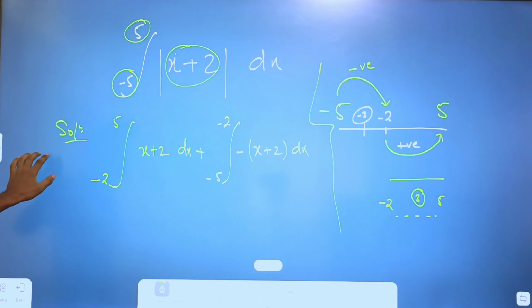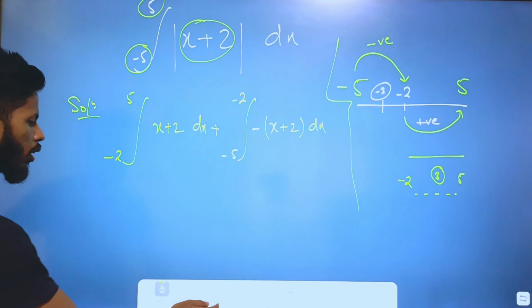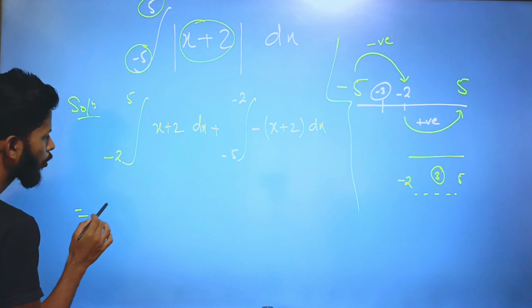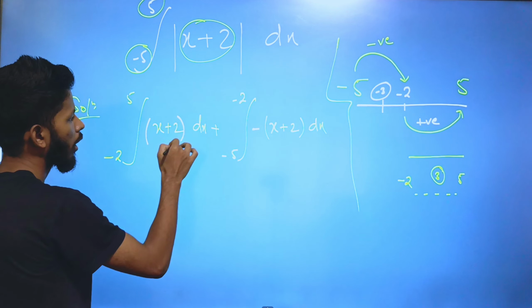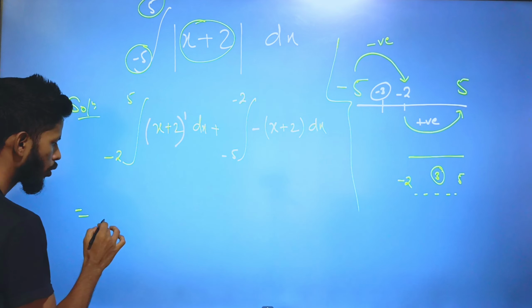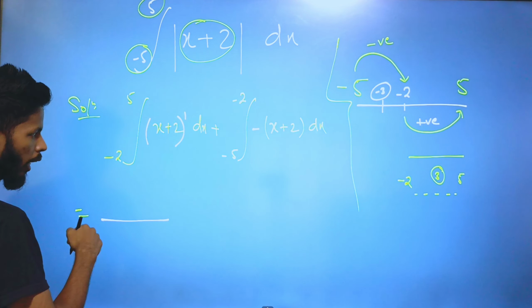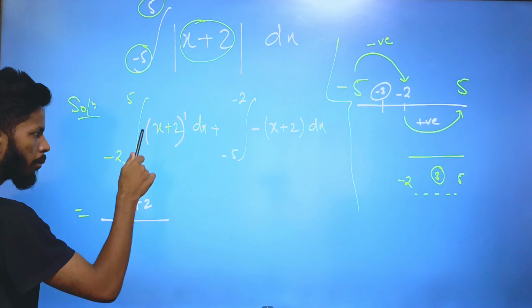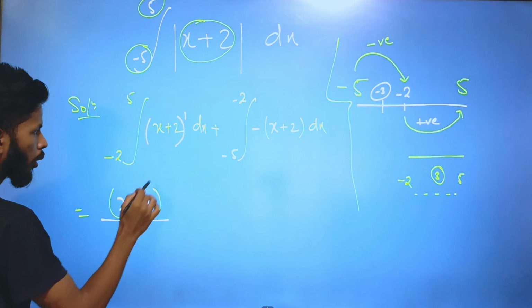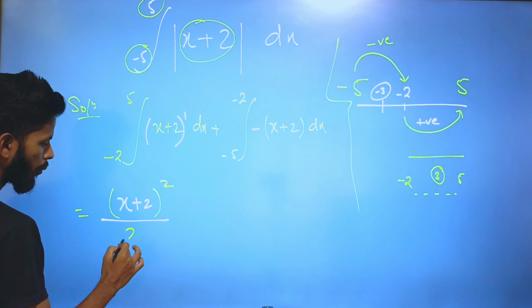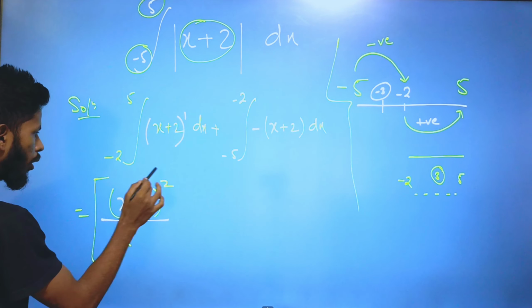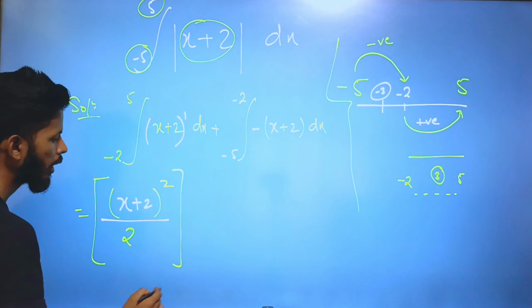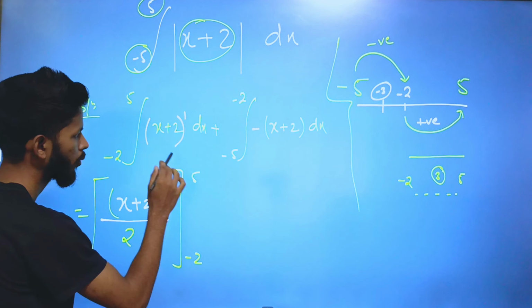Okay. And after that the integration is very simple. You already know how to integrate this. For example, we can assume here the power is 1. So the integration of x to the power n is x to the power n plus 1, right? So 1 plus 1 is 2, and below we also write 2, and we have the limit minus 2 to 5 for this function.